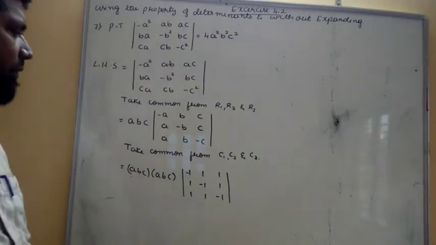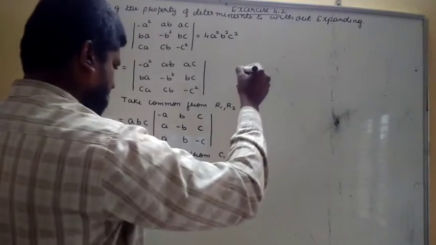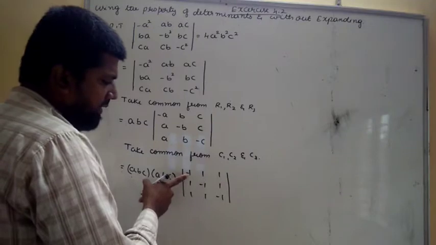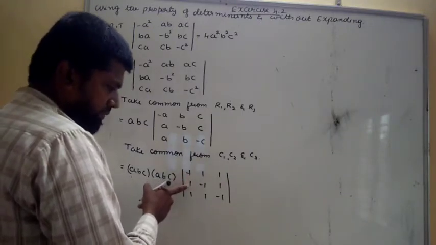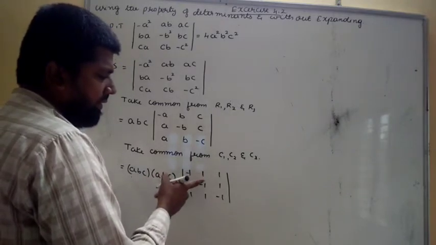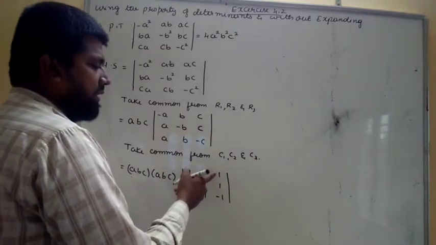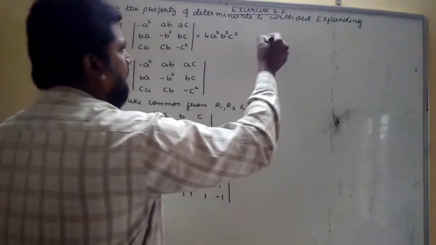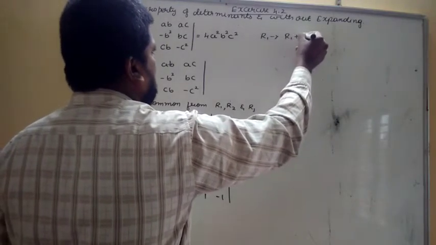So before that, if you observe this determinant, R1 is added with R2, so R1 will change to 0. Then R1 plus R2, second element, we are getting 0. Then adding the third element with R2, we are getting 2. So let us write R1 changes to R1 plus R2.